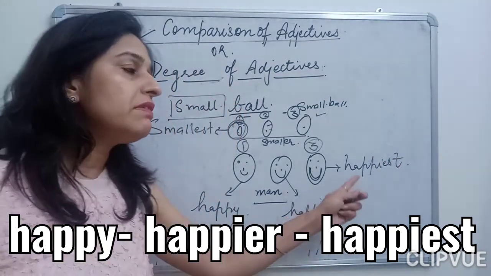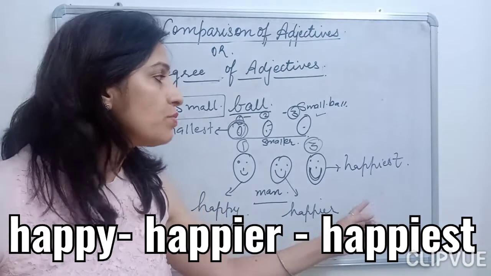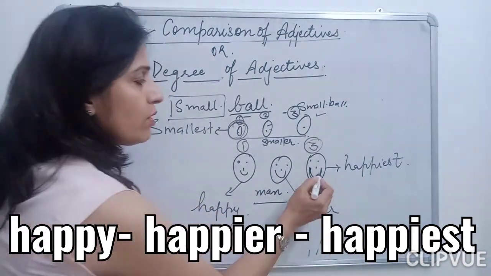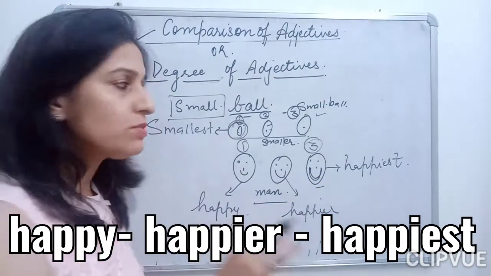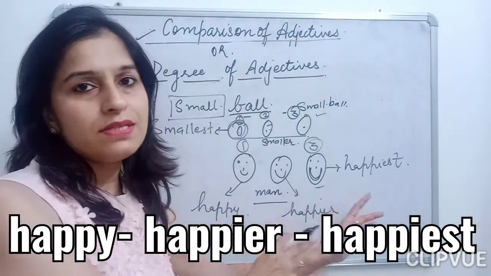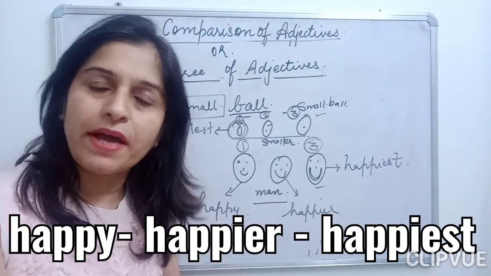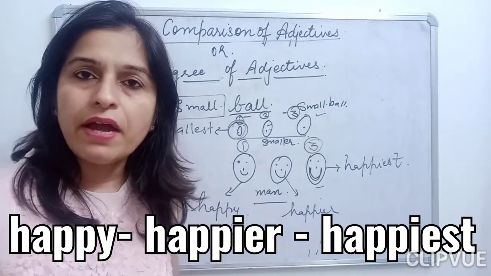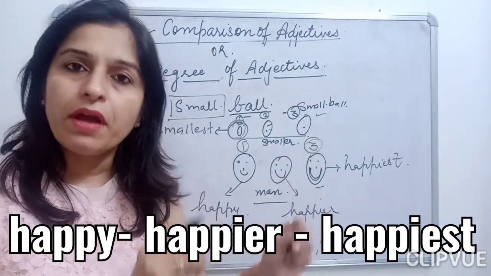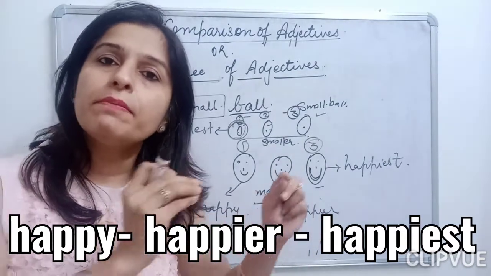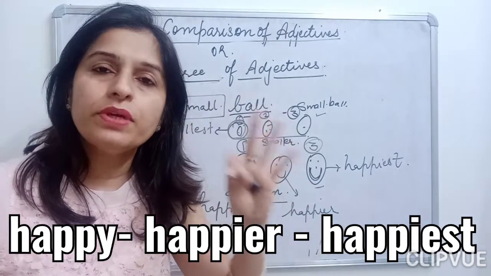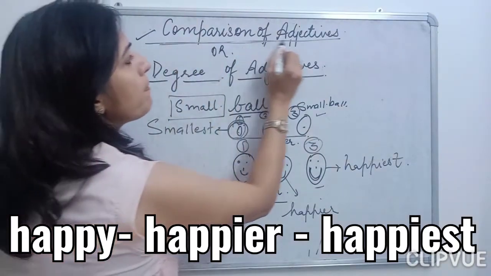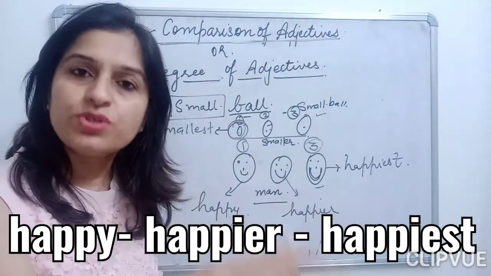He is looking the happiest man here. Why? Because he is showing me a very big smile. So I presume that this man is the happiest man here. Now what have I done here, children? I have added an adjective to my noun and then I have compared my adjective in 3 different ways. So that is called the comparison of adjectives.